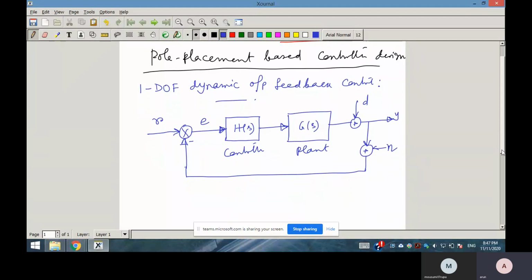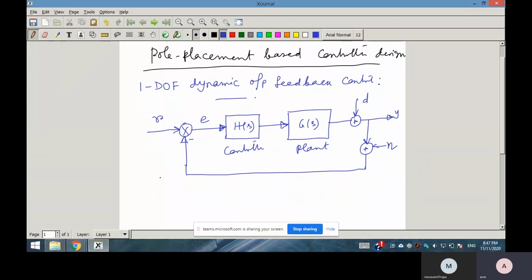Here I am writing: the independent input to the controller is the tracking error.